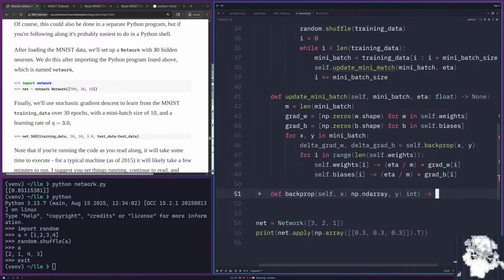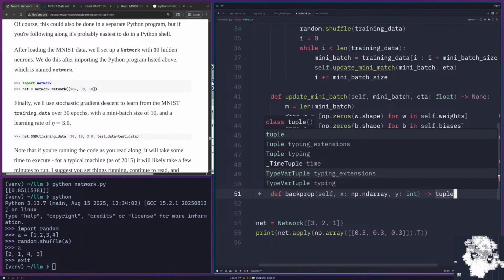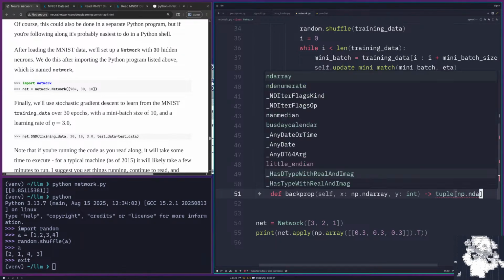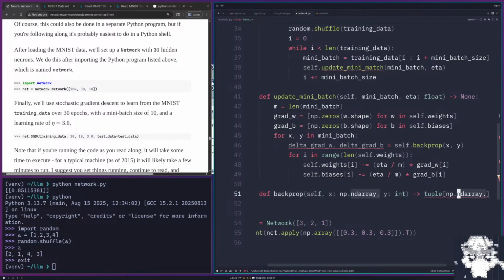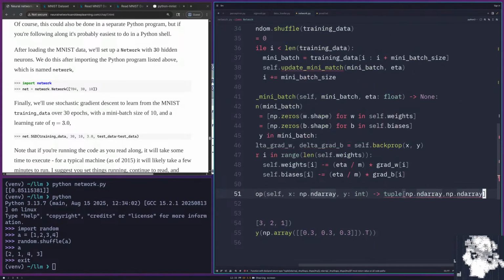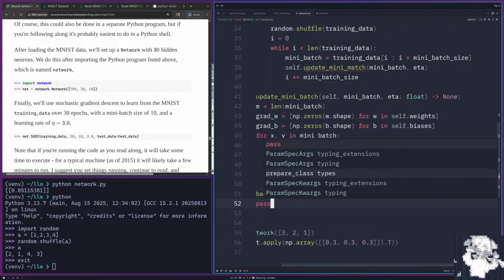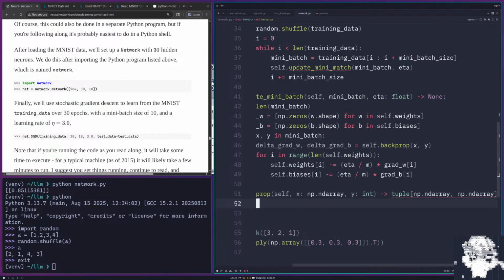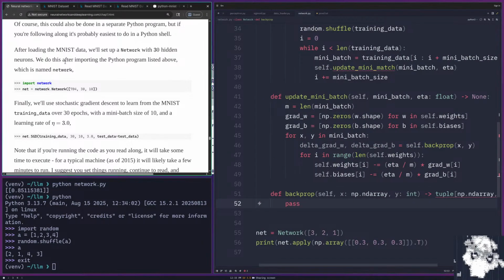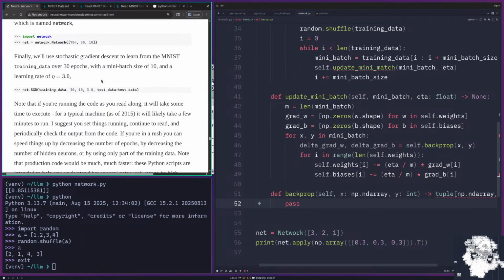And it returns a whole bunch of stuff. It returns two ndarrays, actually, a tuple of np.ndarray. And I'm going to pass because I don't know how to do it yet. So you make a network. Finally, we use stochastic gradient descent to learn from the MNIST training data over 30 epochs with a mini batch size of 10 and a learning rate eta of 3.0.